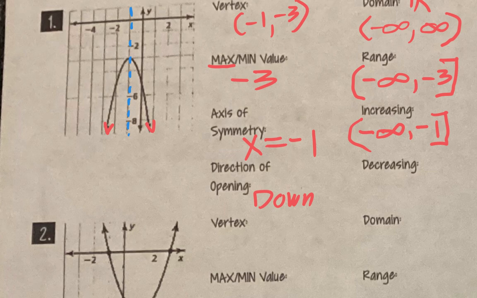If my parabola is all real numbers and I've gone for increasing from negative infinity to -1, I really don't need to look back at the graph because it has to go from -1 to a positive infinity.